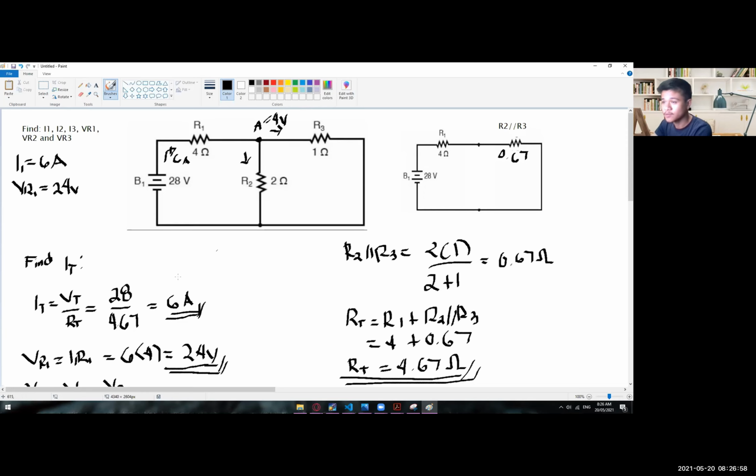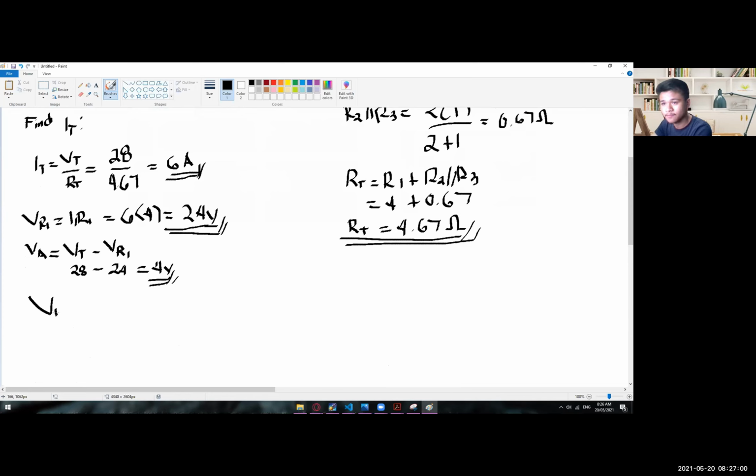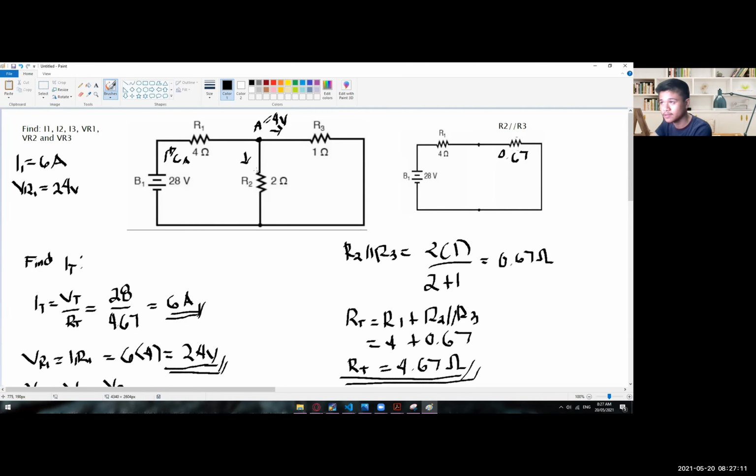So that is why we could already assume that VR2 is equal to 4 volts, and at the same time, VR3 is equal to 4 volts. Because we already know that we have 4 volts that will pass through here, and then another 4 volts that will pass through here, and then going back here will be 0.